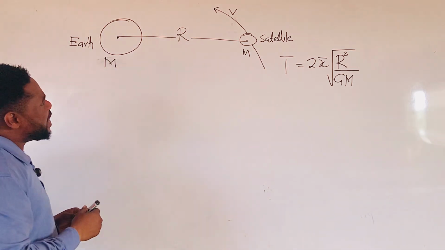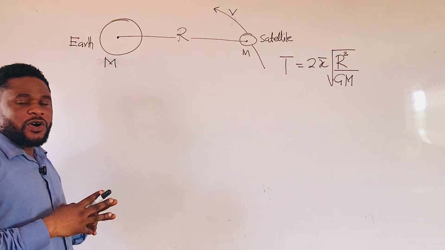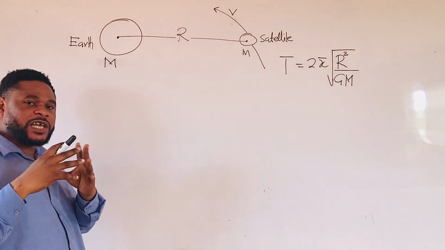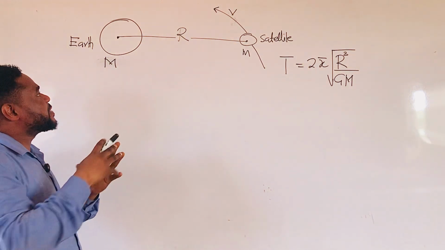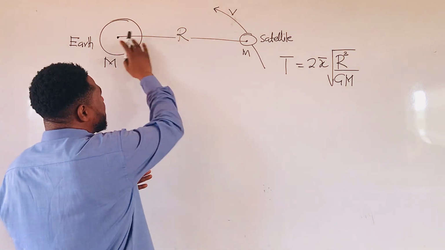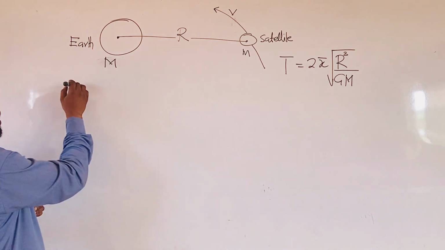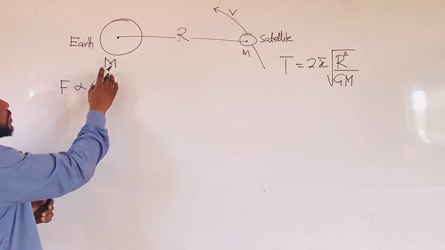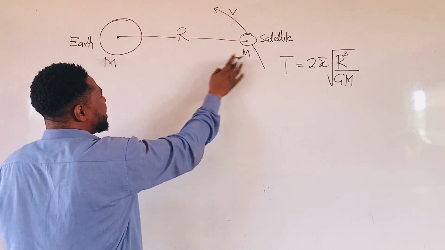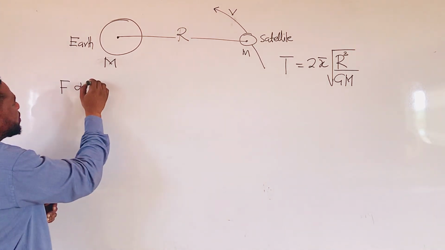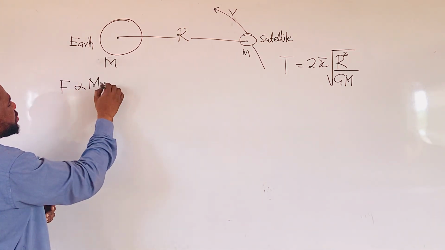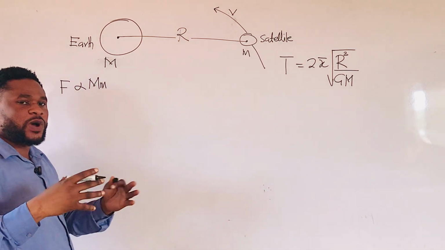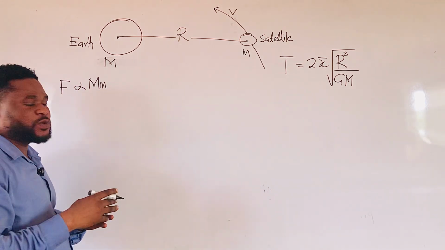Viewers, now from Newton's law of universal gravitation, there is a force of attraction existing between these two bodies, all right? And that force of attraction is proportional to the product of the individual masses, so we have big M, small m, and inversely proportional to the square of the distance between them.